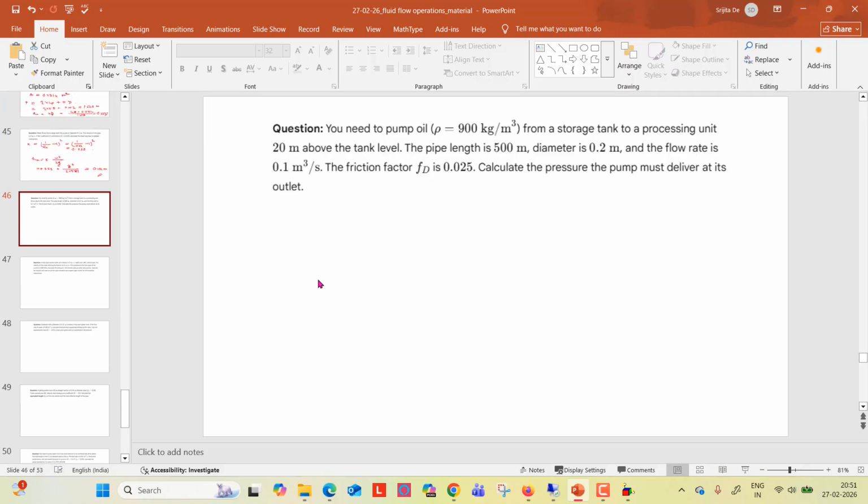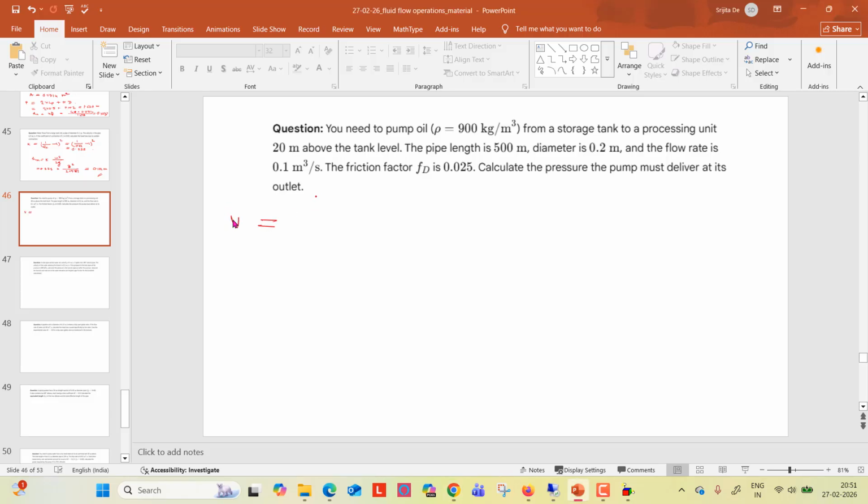You need to pump oil from a storage tank to a processing unit 20 meter above the tank level. The pipe length is 500 meter, diameter is 0.2 meter, flow rate is given, friction factor is given, calculate the pressure the pump must deliver at its outlet. It's the kind of problem we have done earlier, but still we have to do it. So the velocity, I am writing only the expression.